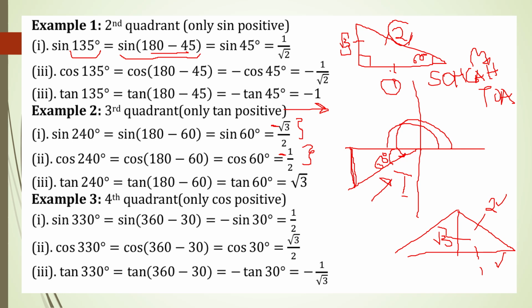Tan is going to be opposite, which is root of 3, divided by our adjacent, which is 1, and you're going to end up with root of 3. It's only this answer which was supposed to be positive, simply because in the third quadrant, it's only tan which is positive. So you're going to apply the same knowledge, and then we get angles or ratios in the fourth quadrant.